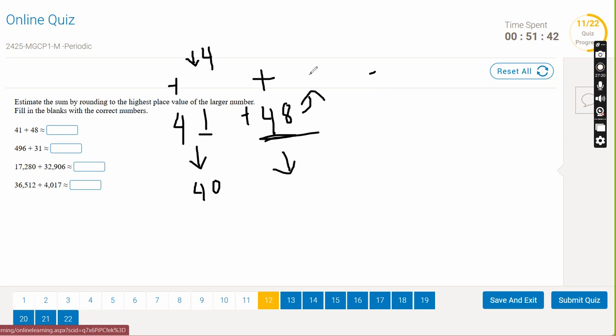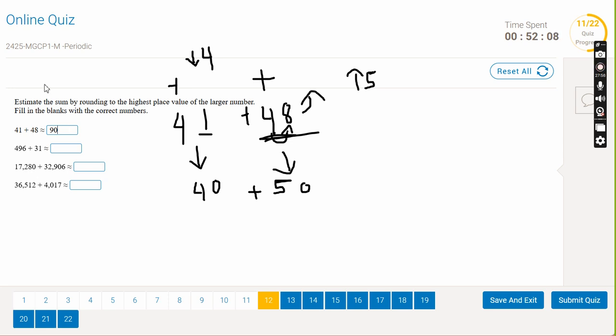So 8 is included in 5 and up. Remember, we look at two things: what the place value is, what number is beside it, and where it falls. If it's 5 and up, it will be rounding upwards, which is 50. So 50 plus 40 gives you 90. Just let me write it here. Then let's go to the next one.